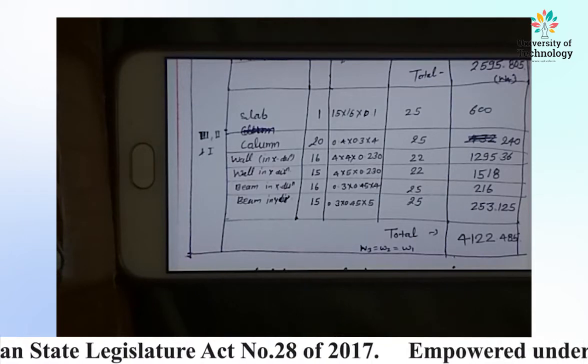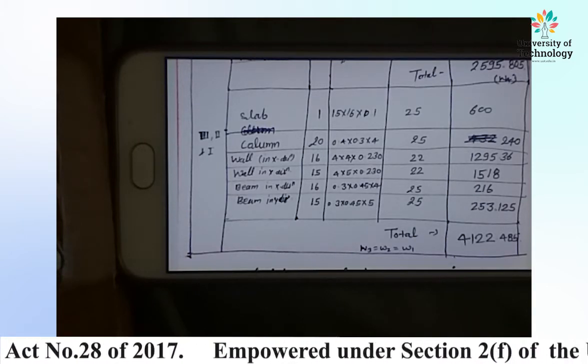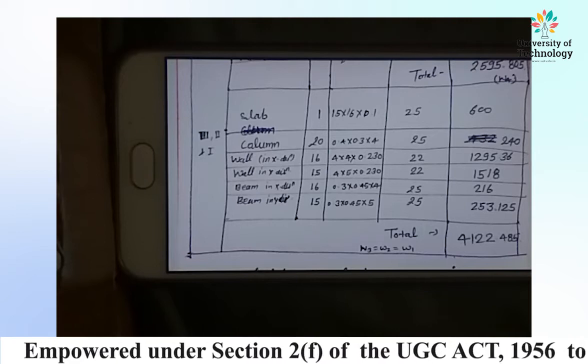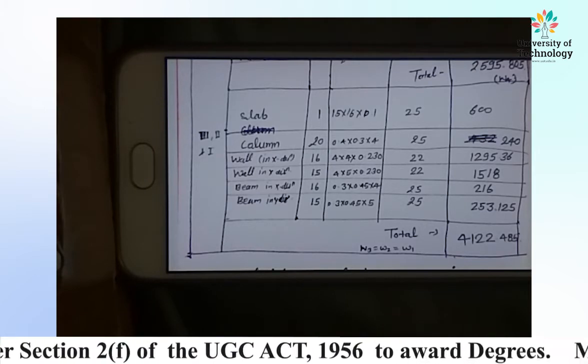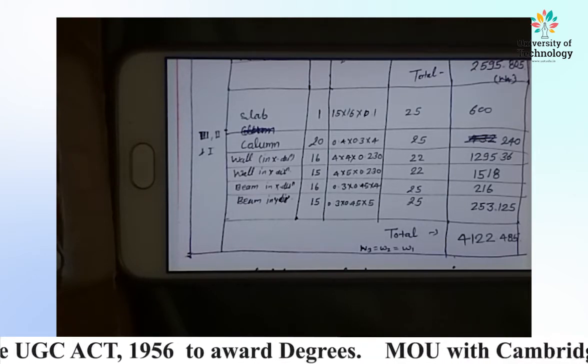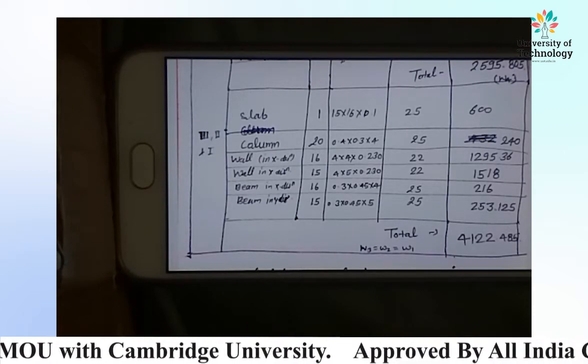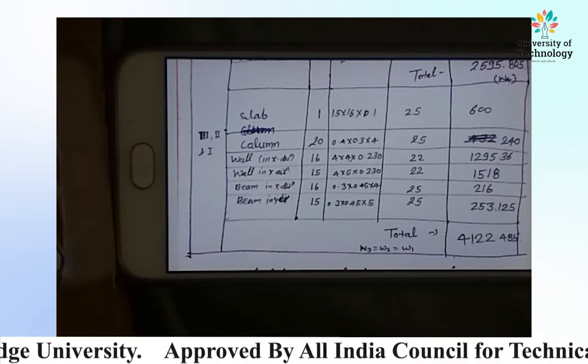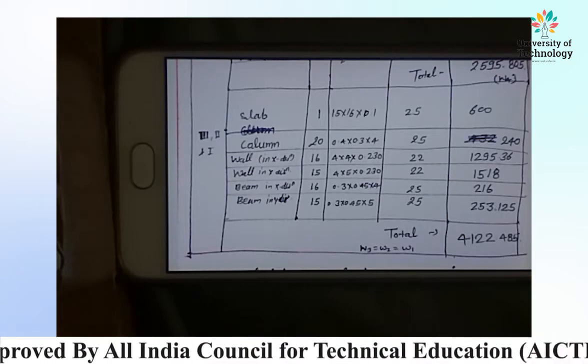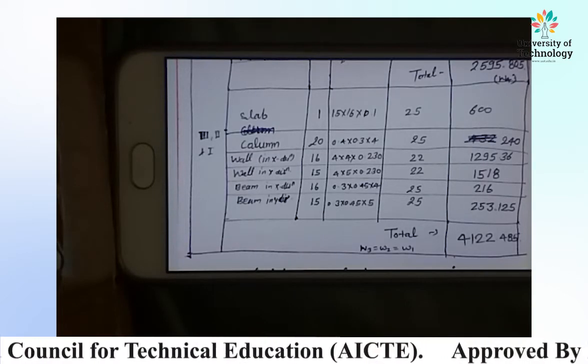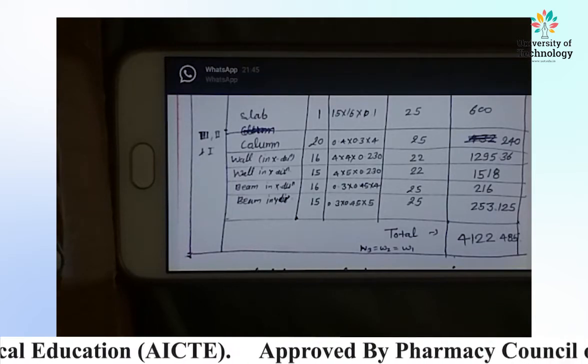So we can easily calculate the quantity of all components of the building, and multiplying by their unit weight we get the total weight of the slab.